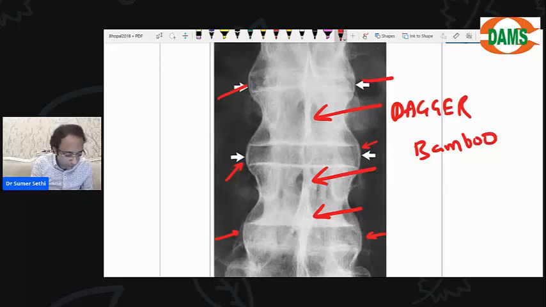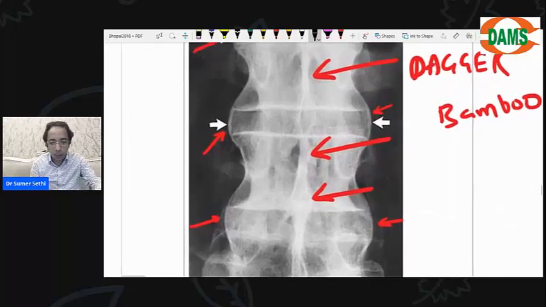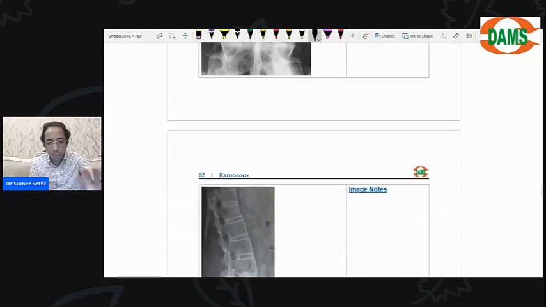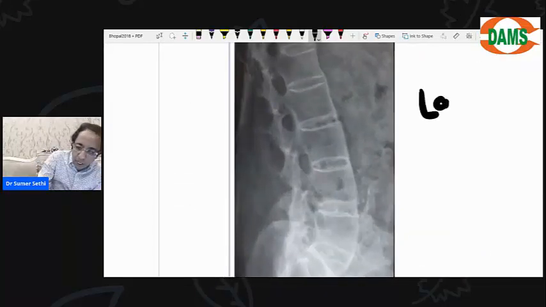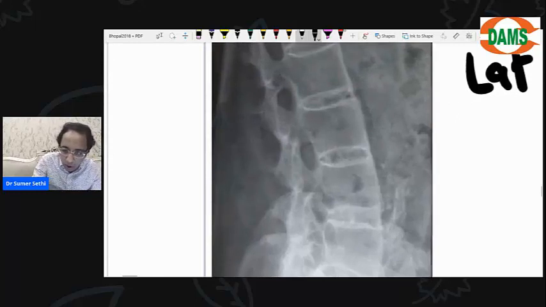Okay, are you clear? Everybody able to understand this? Okay, so this is what is called as bamboo spine. Every year they will show you this picture in the exam. You do it wrong, then you will have to come back and sit on this class again. You cannot do bamboo spine wrong in the exam. Seen in ankylosing spondylitis. When you look at ankylosing spondylitis on the lateral view, if you get confused, just see this.